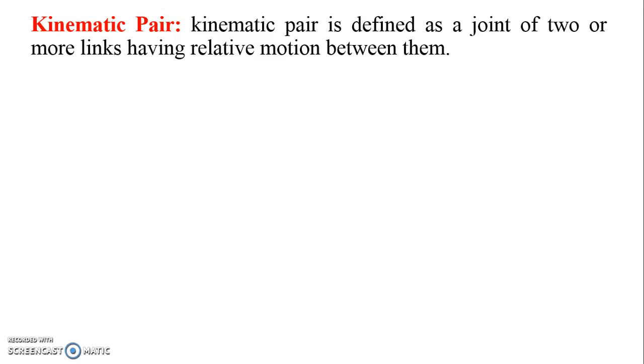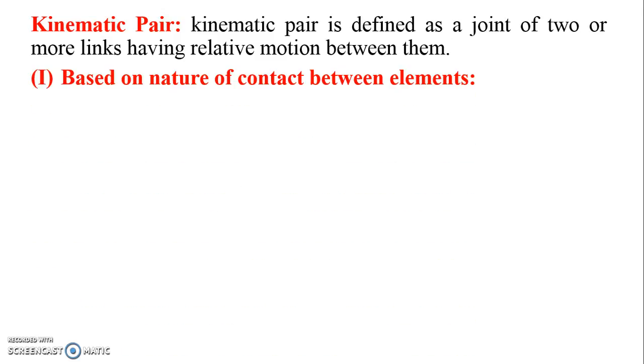What is a kinematic pair? A kinematic pair is a combination of two or more links which have relative motion between them. Based on the nature of contact between the elements, the kinematic pairs are classified into lower pair.